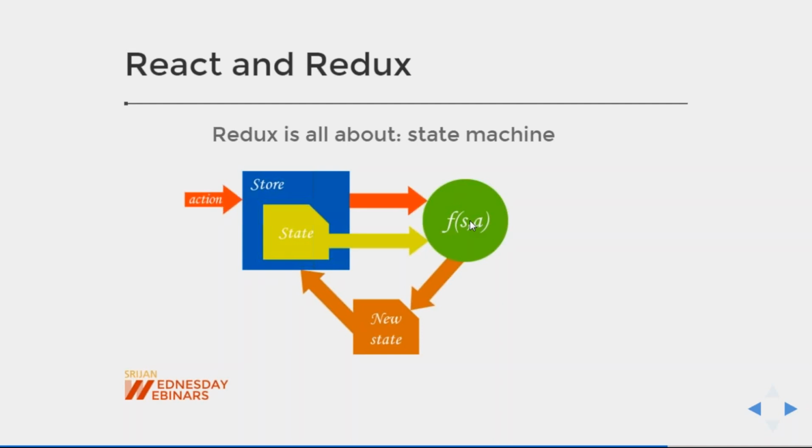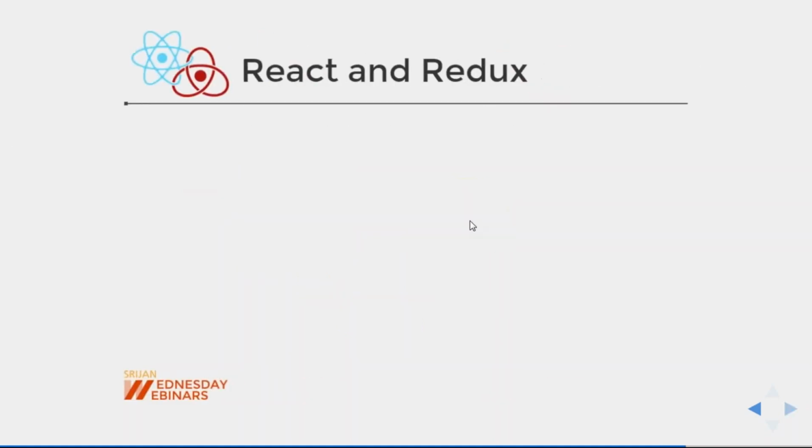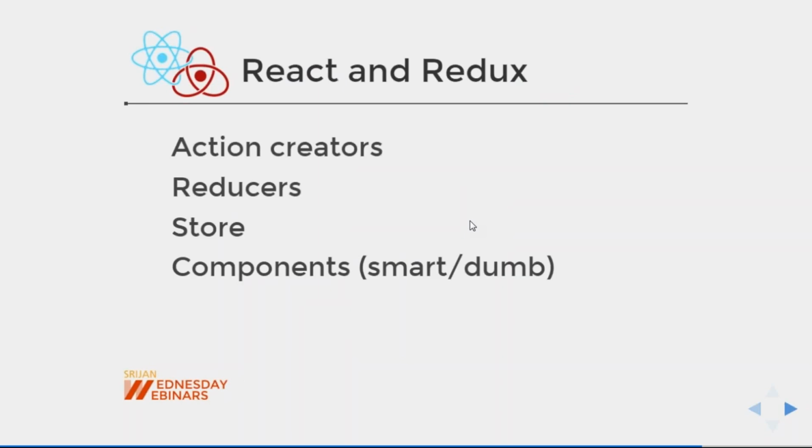After each and every action in your Redux, you are going to get a new state object, and you are going to provide that state object to your React component. Let's try to understand how React and Redux talk to each other. We already know that Redux has actions, then reducers, then the store.